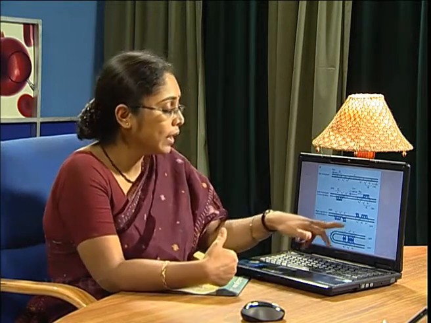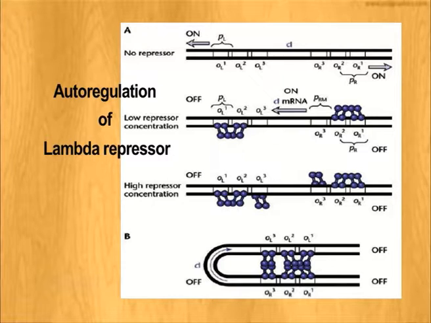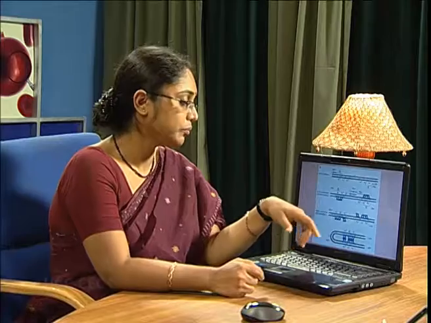And when C1 protein concentration is very high, which actually happens after integration of the lambda genome into the bacterial chromosome, then another dimer of C1 will bind to the OR3 and OL3 region. Cro proteins bind to the operator rightward and leftward in a similar fashion.